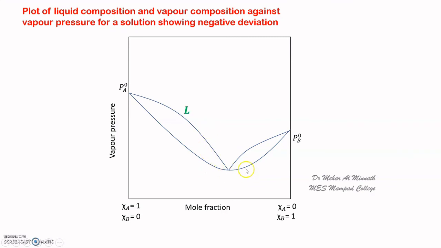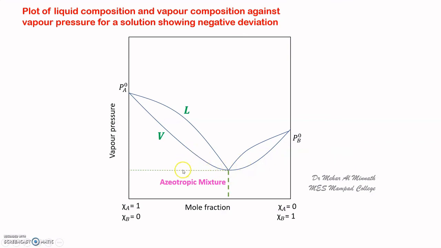So the liquid curve will be on top and the vapor curve below. And you can find there is again a point where the liquid curve and the vapor curve meet. There is a pressure at which the liquid phase and the vapor phase will have the same composition, and that mixture is again called an azeotropic mixture. But here it is minimum.